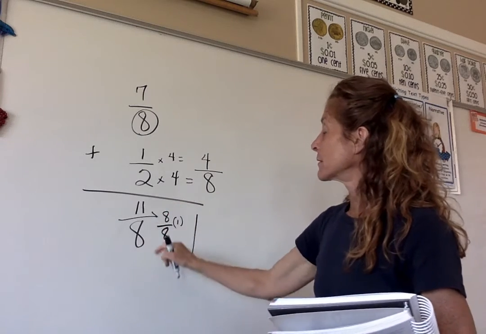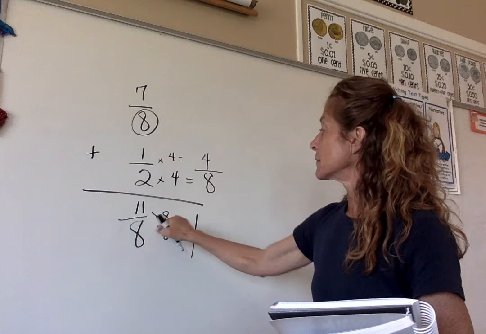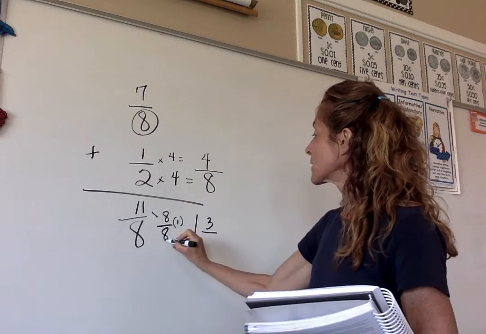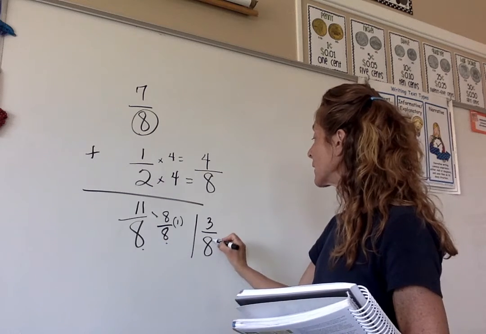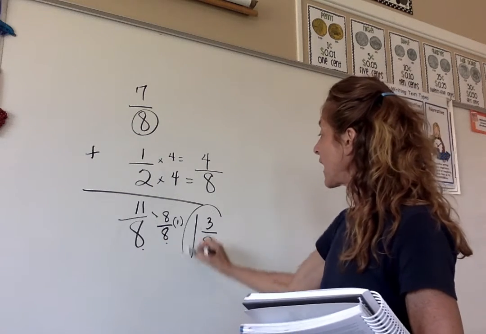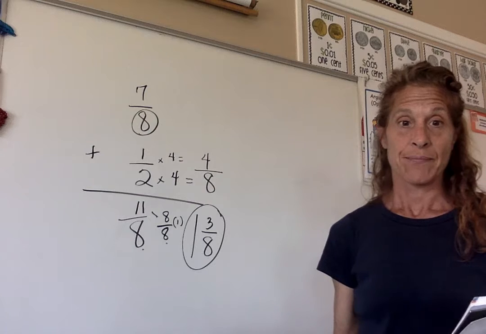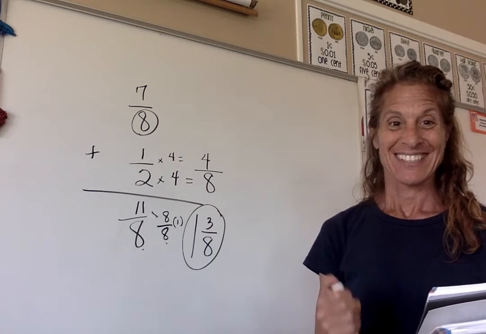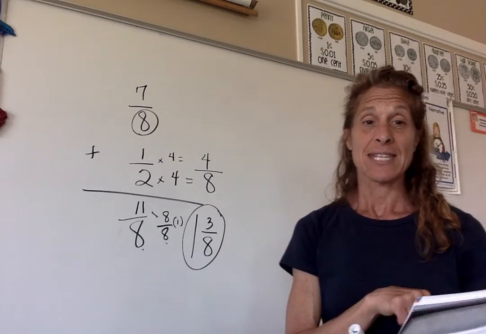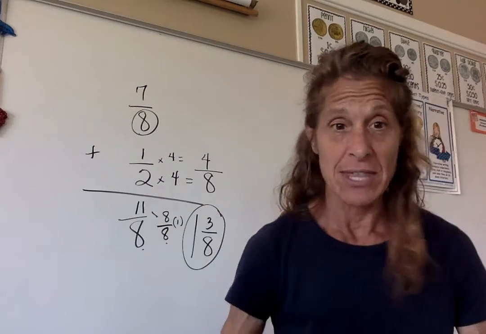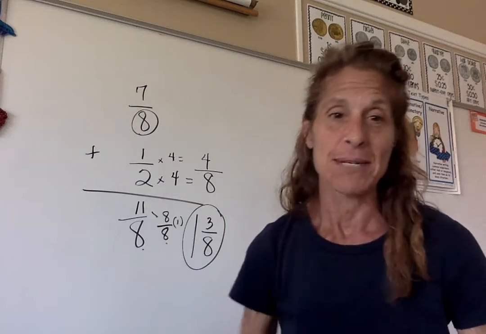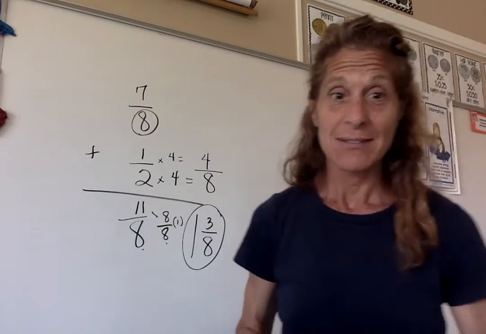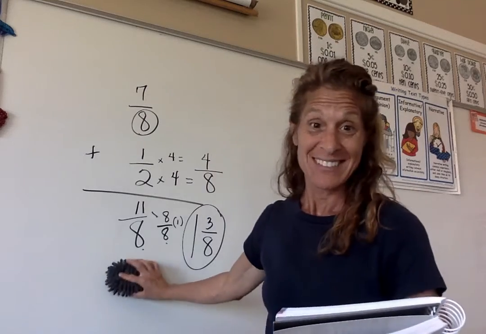What's left over? 11 minus 8 is 3. What's my common denominator? 8. So my final answer is 1 and 3/8. Okay? So in today's lesson, they're just throwing everything at you. They're saying, find a common denominator. Turn it into a mixed number. You got this, okay? You can do it.